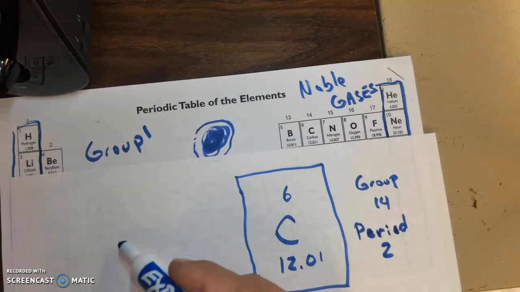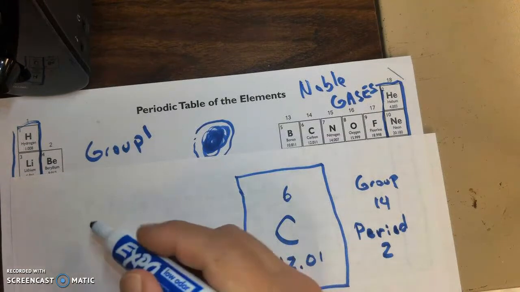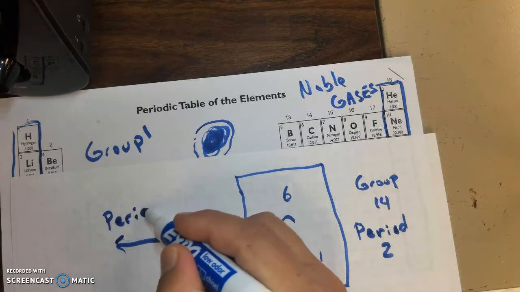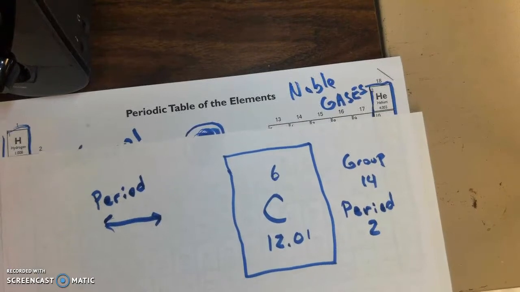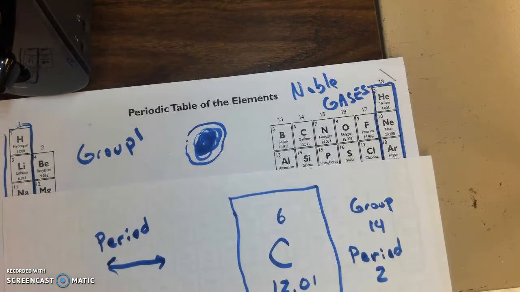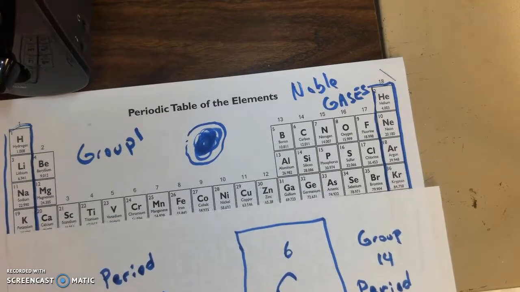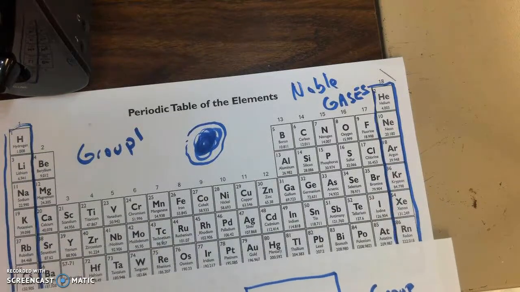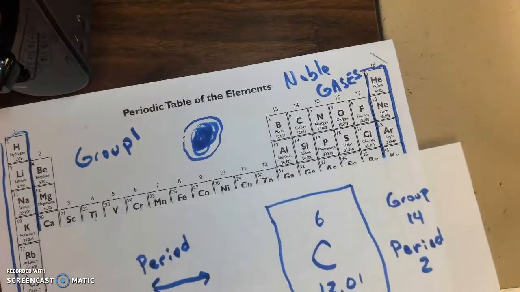So the rows that go back and forth this way, horizontally, those are called periods. Each row is called a period. So looking here, there's period 1, here's period 2, here's period 3, period 4, period 5, period 6, period 7. So that just kind of shows you how that works.